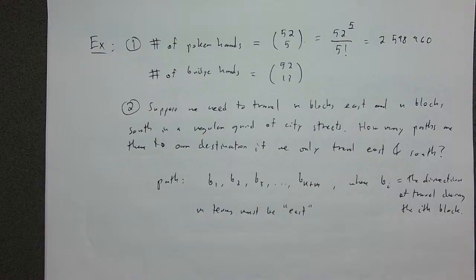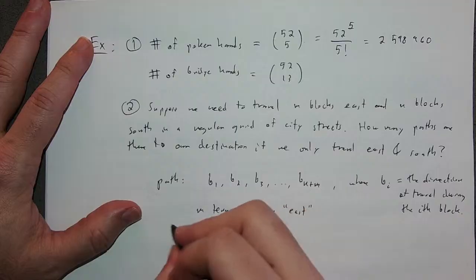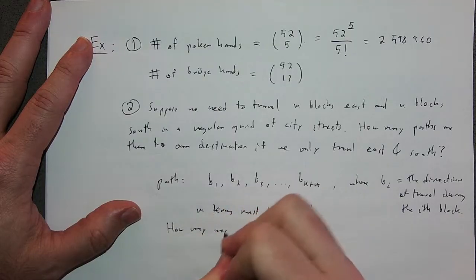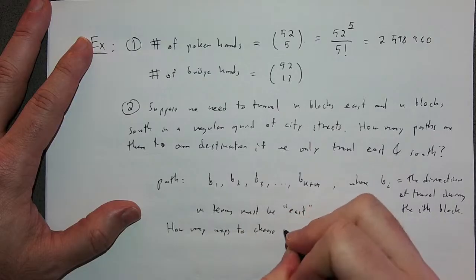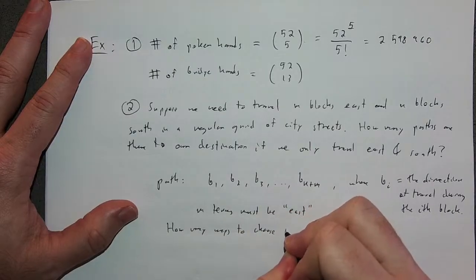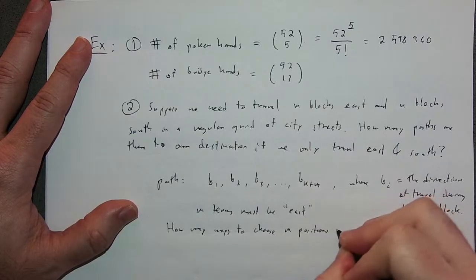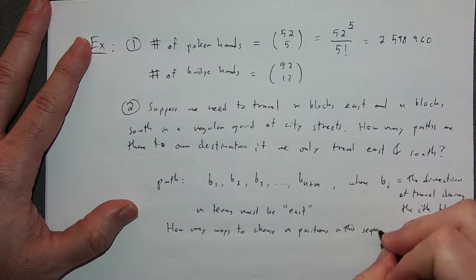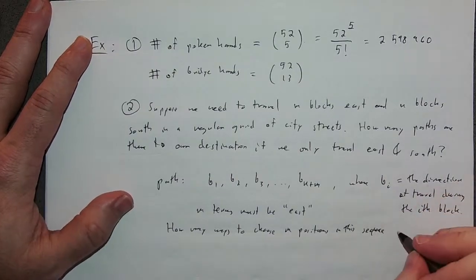But how many ways are there to select m positions in this sequence to have this value?